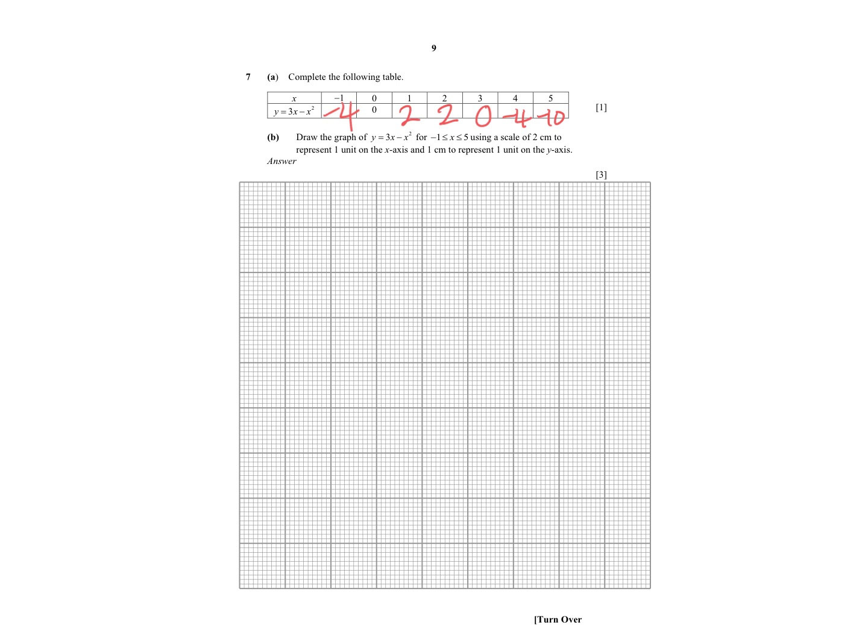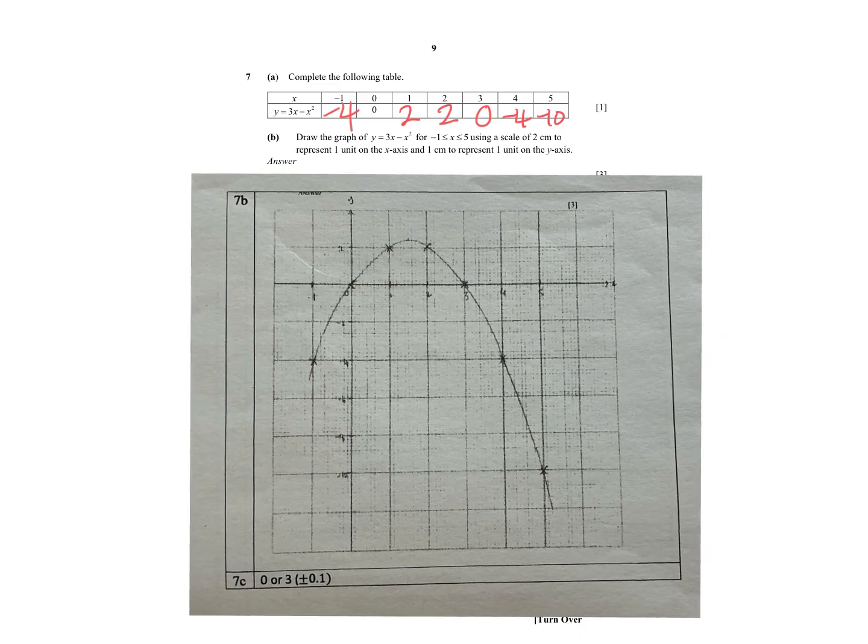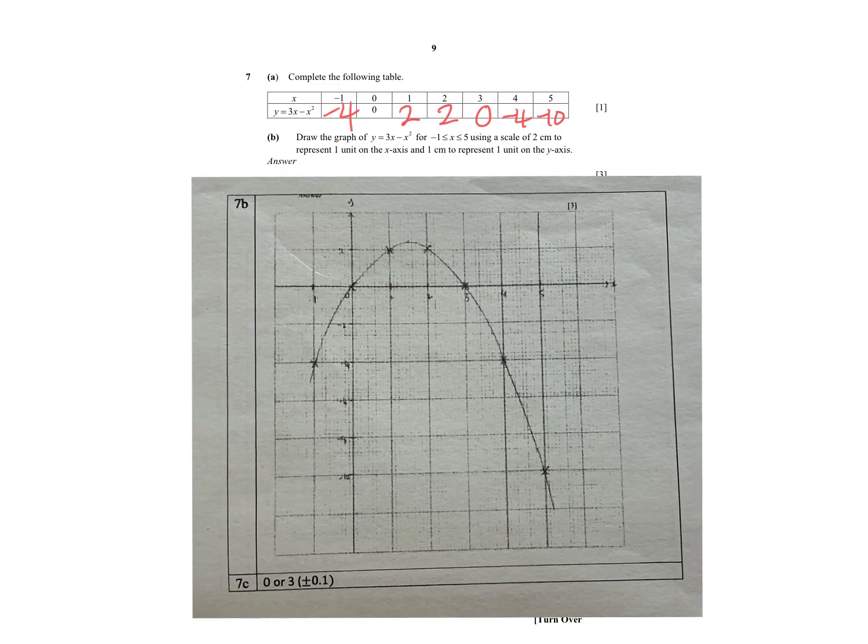Okay, and then if you look at the graph, which you have the solution, let me just, so I don't have to draw again. Okay, so just take note, they say 2 cm, 1 unit on the x-axis. So one big box is 1 unit. That's what they say. And then 2 cm, 1 cm, 1 unit.